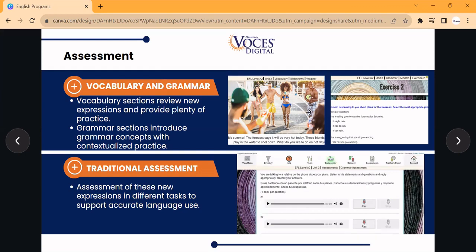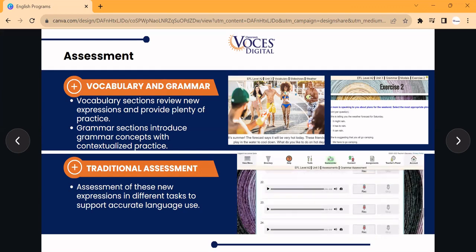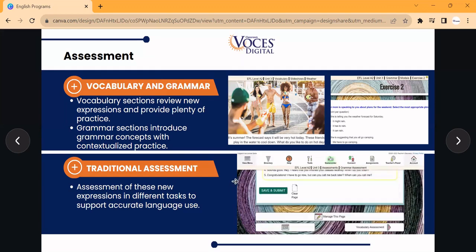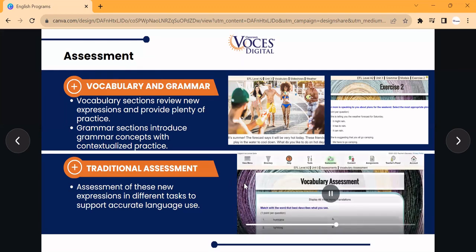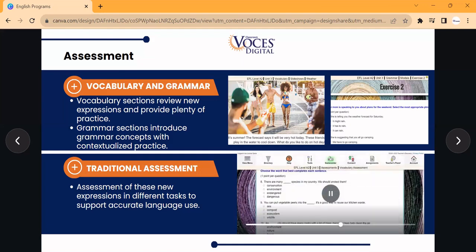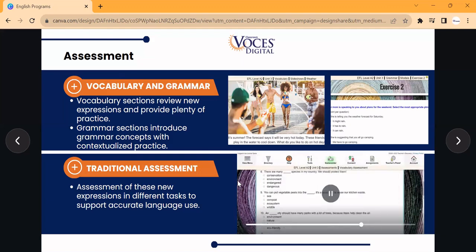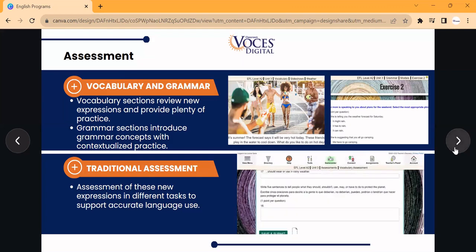So here you have the specific vocabulary and grammar sections, and here you have an assessment on those grammar and vocabulary points that were covered in a specific unit. So in this case, we're assessing accuracy in the language use.